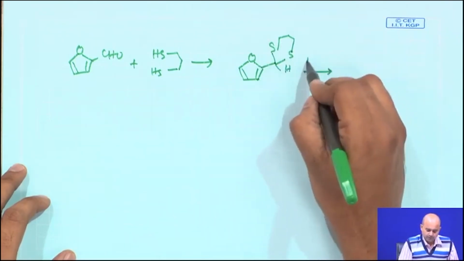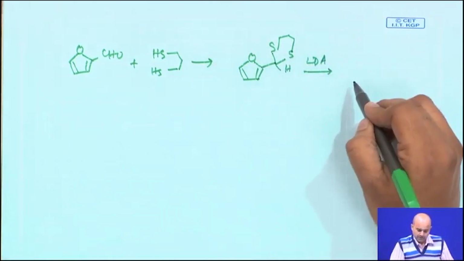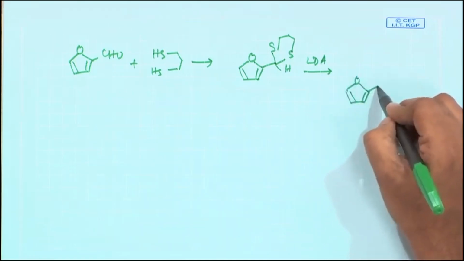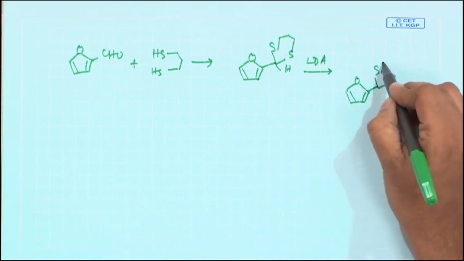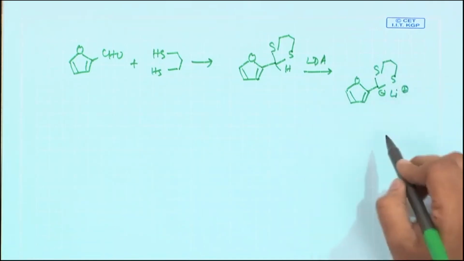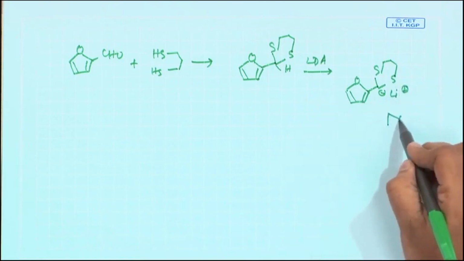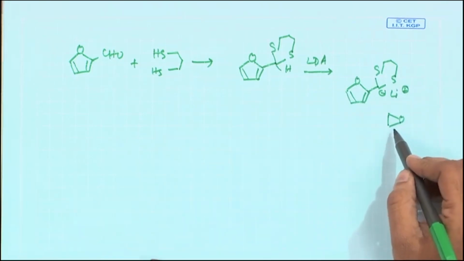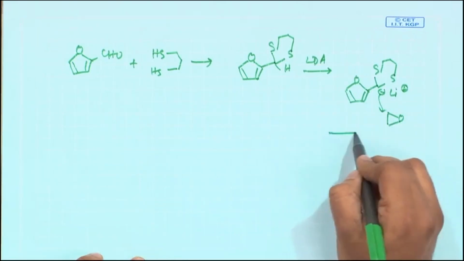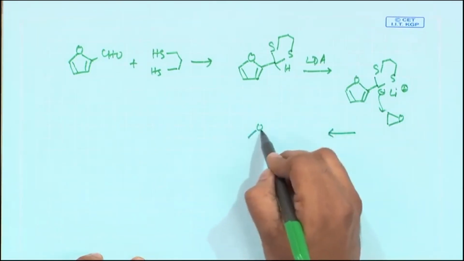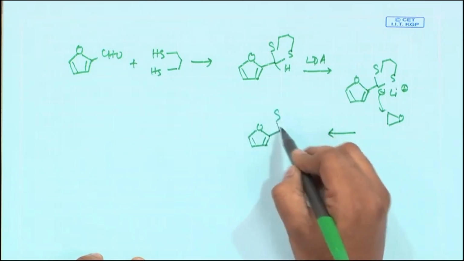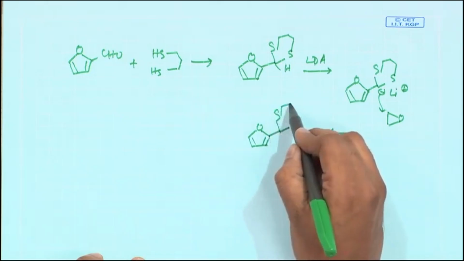So, react with LDA and you generate the corresponding lithiated species, which serves as an umpolung anion, minus lithium plus. Now, as you need to introduce 2 carbons extra, you react with an epoxide as an electrophile. You find that this epoxide reacts very nicely and then you make this.